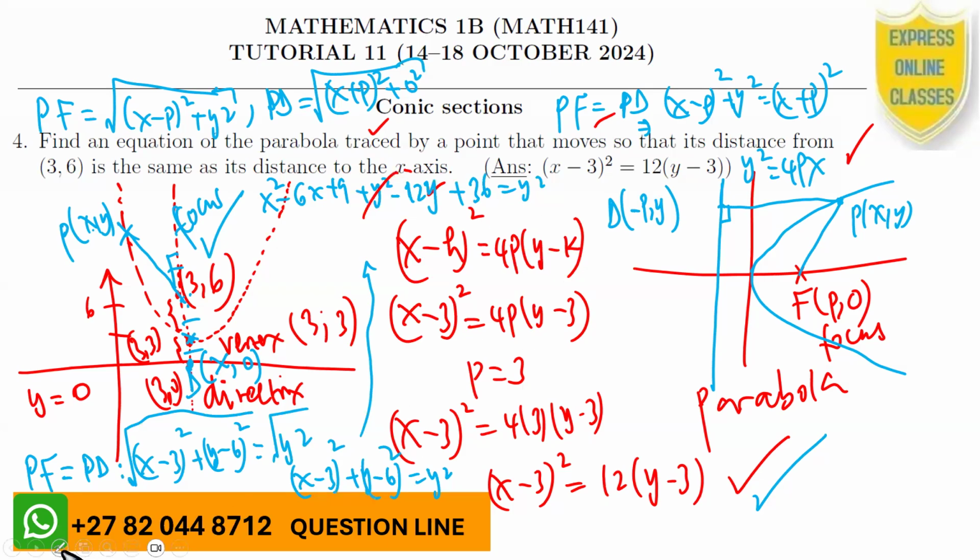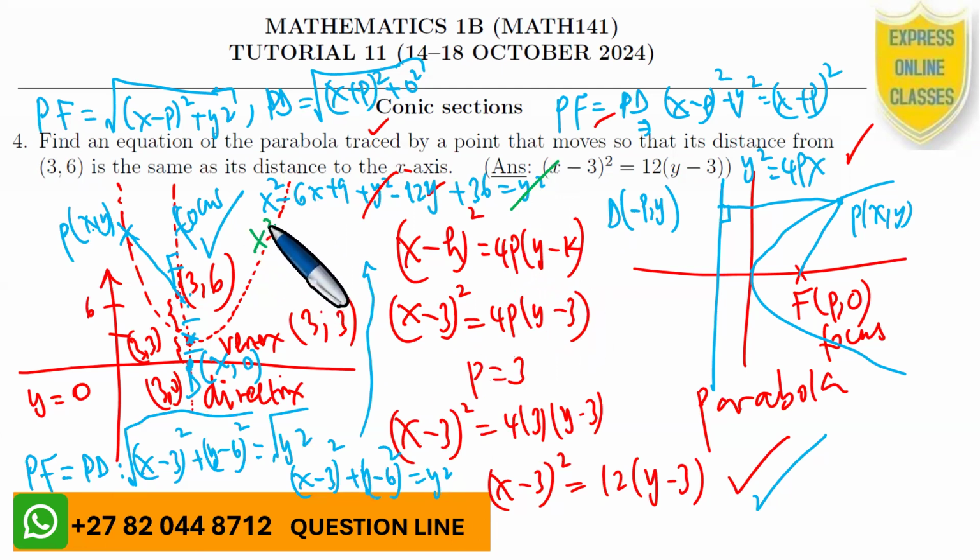I'm going to do it in green color. The y squared is going to cancel. If the y squared is going to cancel, it's going to give us the answers.